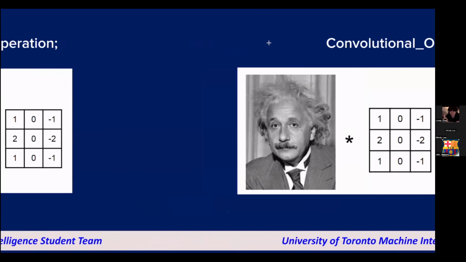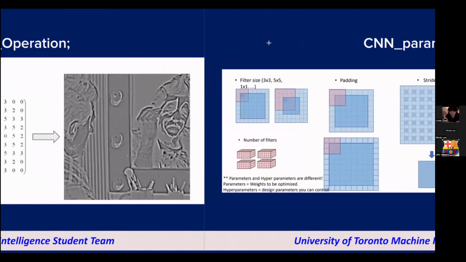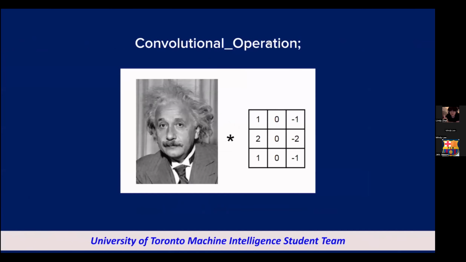Why do we need a filter? I'm just going to explain it a little more. This is how we can detect the edges. This is essentially an edge detector, because when we do this, we ignore the middle part and see if the left side cancels out with the right side.